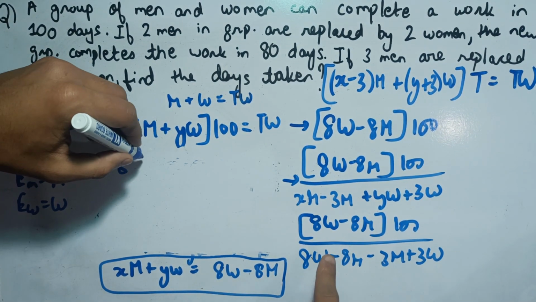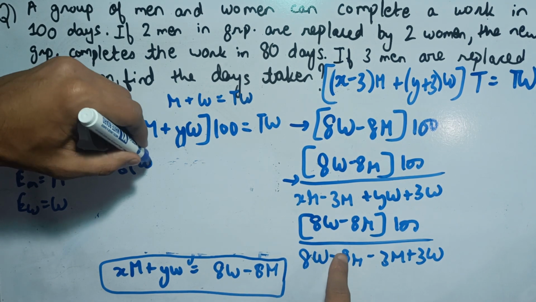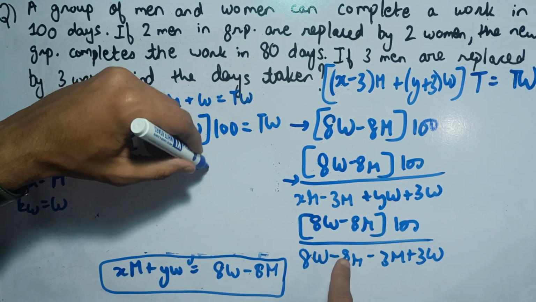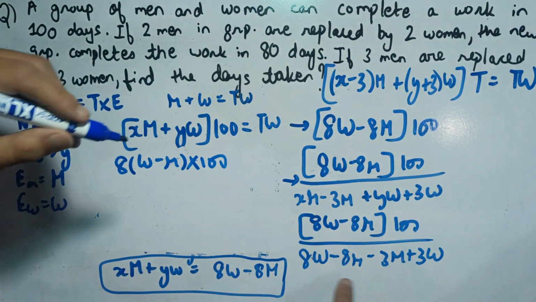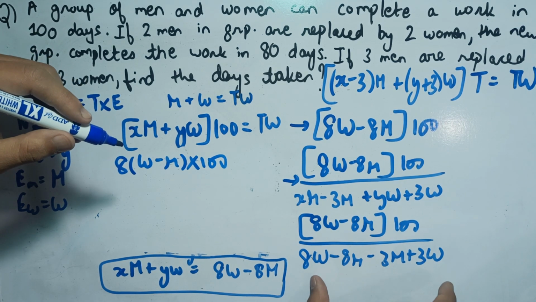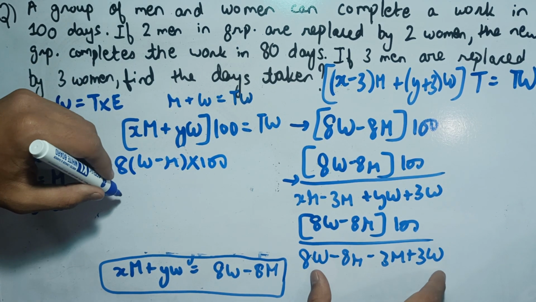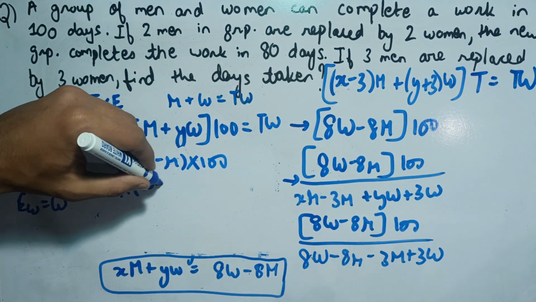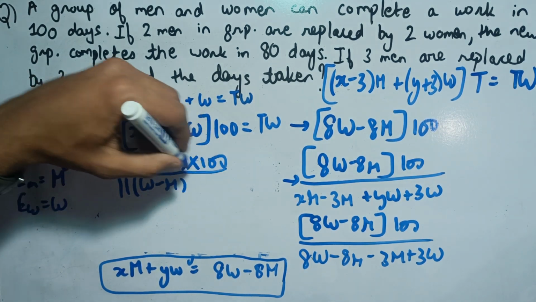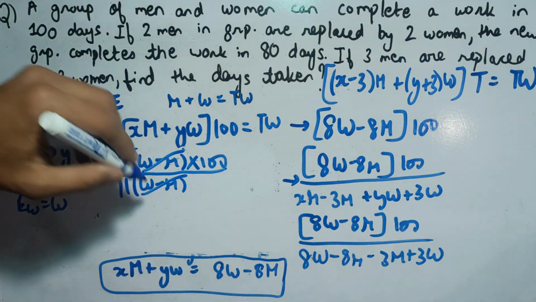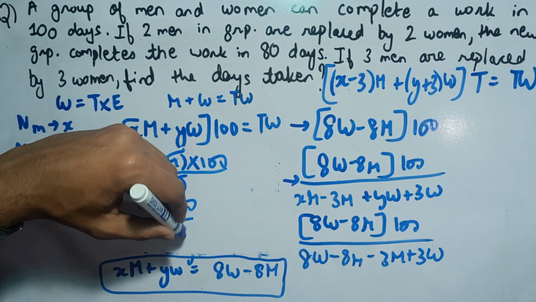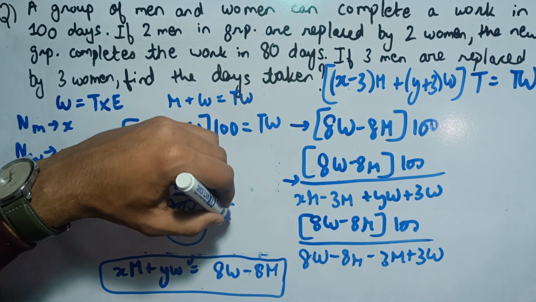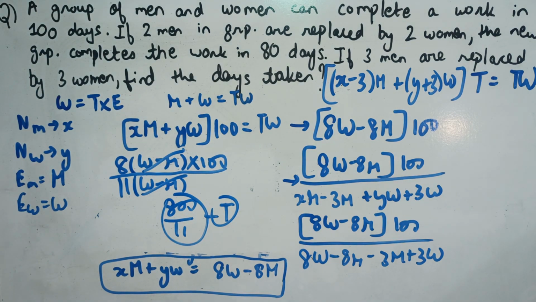We can common out 8 and we'll be left with 8 into W minus M into 100, and here also 8W plus 3W is 11W, and 8M plus 3M is 11M. So 11 can be commoned out and W minus M would be left. So W minus M and W minus M get cancelled out, and this would amount to 800 by 11. So this is the required time that they would take.